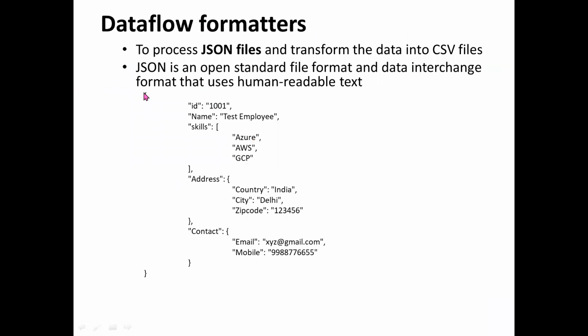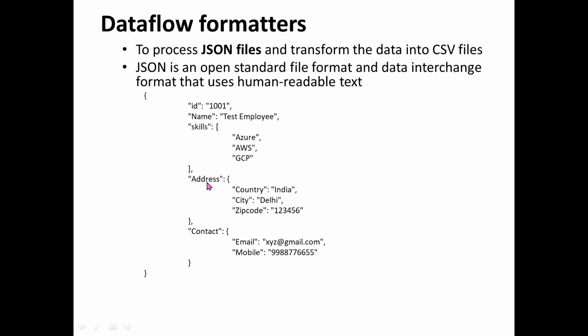It starts with curly braces, and within the curly braces you can give the key and value, separated by a colon. So ID is the key, the value is 1001. Name is a key, separated by a colon, and then the name. Now skills is not a key-value, it's an array. You have more than one value, with an open bracket and close bracket.